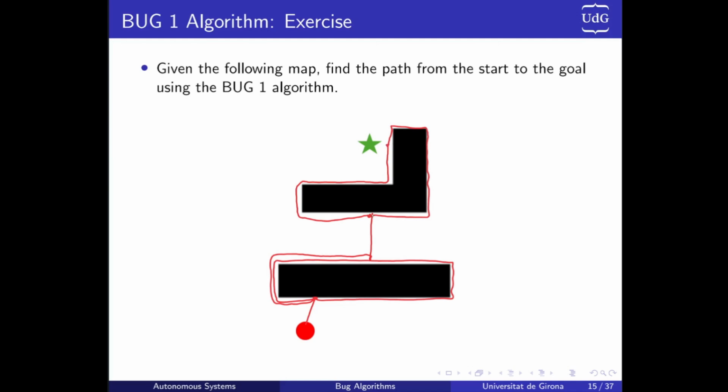Then if the minimum path is moving right, maybe, I'm not 100% sure, but probably, I will reach this point and then move right. If I start circumnavigating to the right instead of the left, I will obtain exactly the same. More or less, this is what the Bug 2 algorithm will provide us.